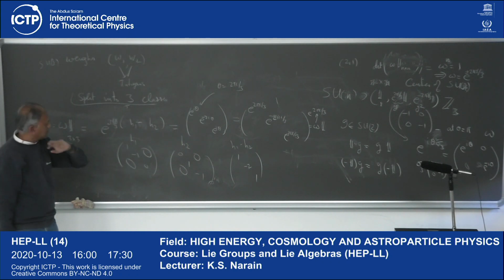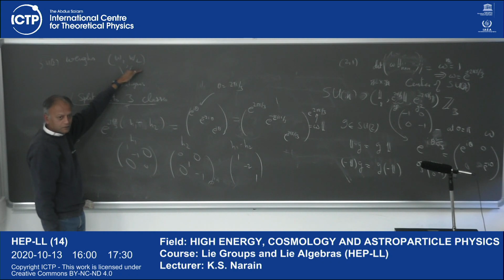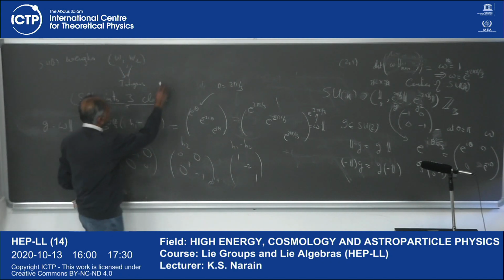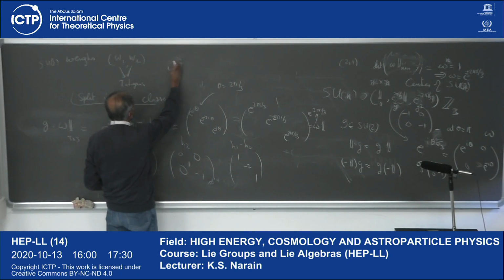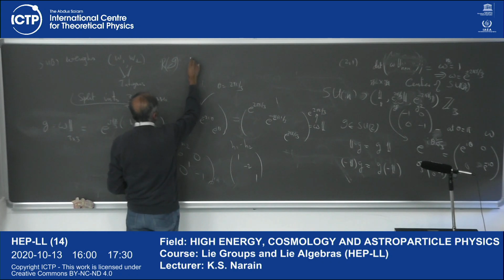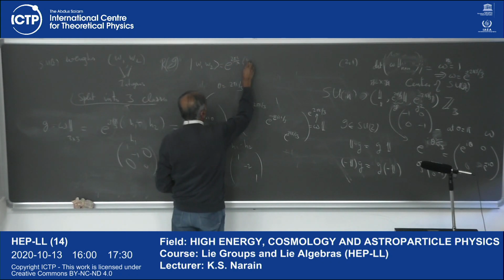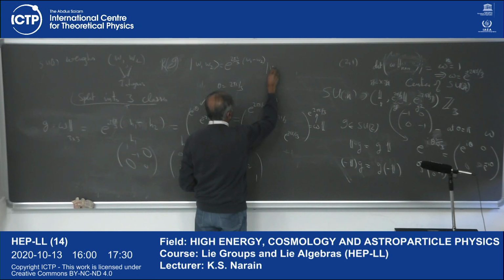Okay. So now we can immediately see how this element will act on a weight given by that. Right? If I look at how this acts on a given state, a state which is labeled by the weights W1 and W2, G, or R of G, the appropriate representation, acting on a state labeled by W1, W2, will be simply e to the 2 pi i by 3 times W1 minus W2 times the state.